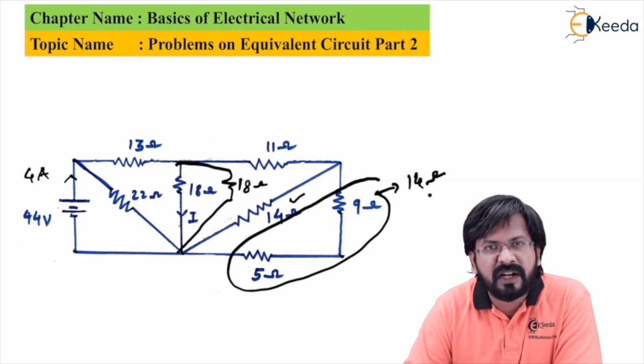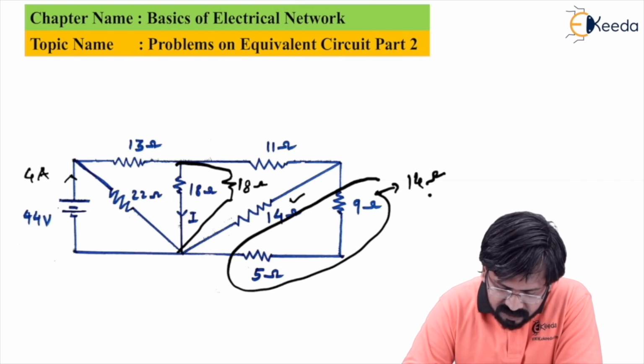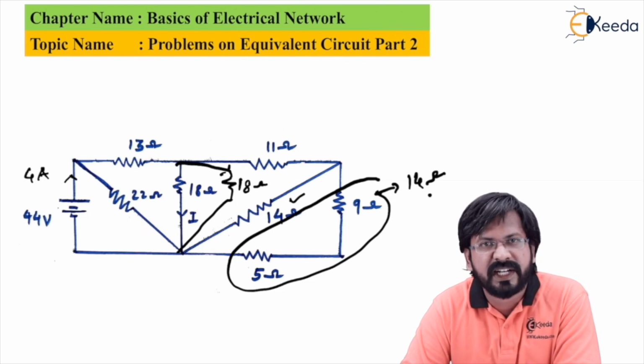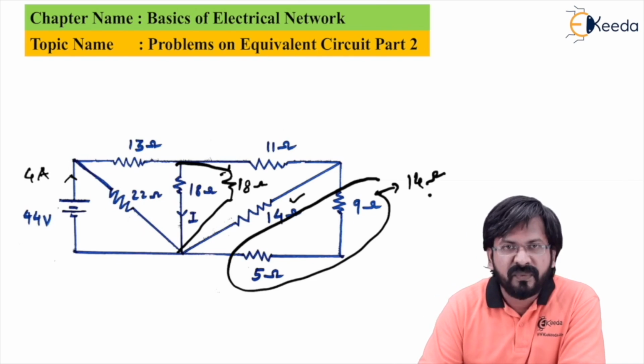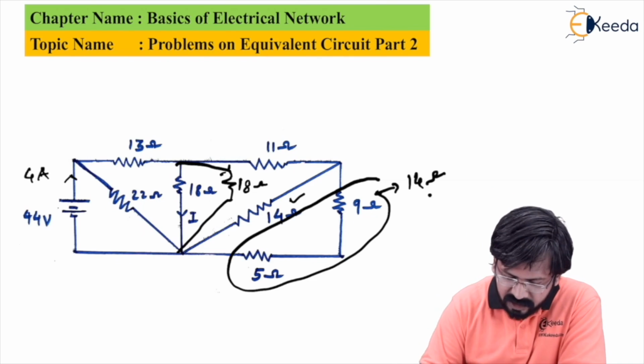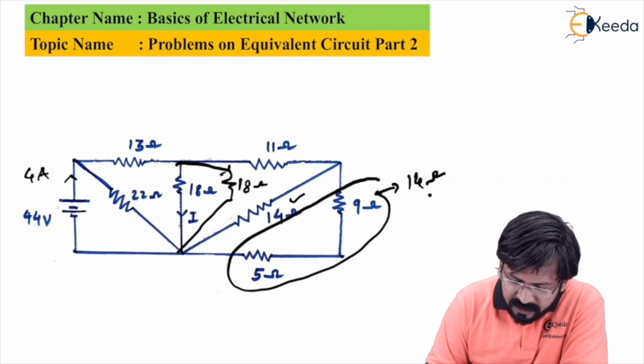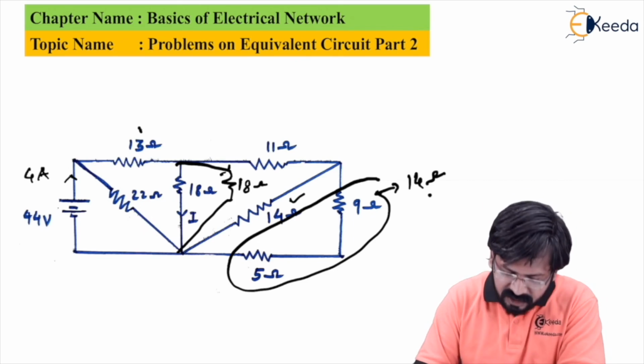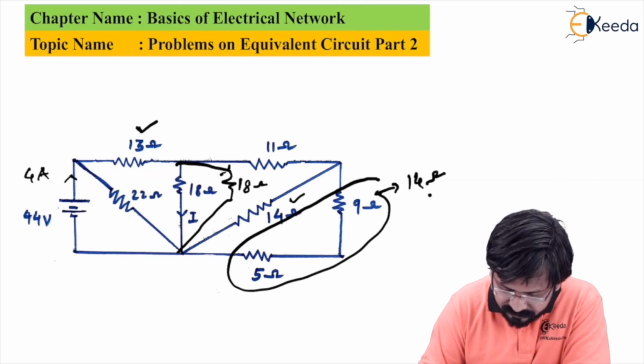Now whatever current flows through this 18 ohms, the same current is bound to flow through this 18 ohms also. Further, if I try to reduce the circuit, what do I get? 18 parallel with 18 will be 9. With this 13 ohms it becomes 22 ohms.